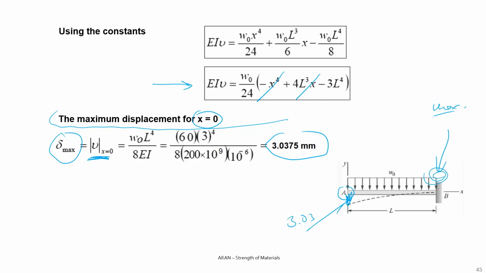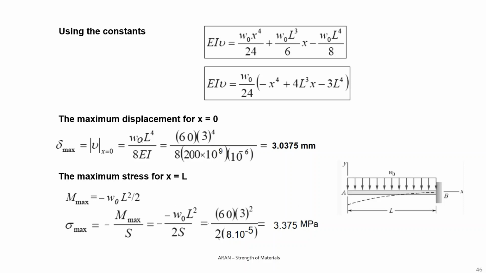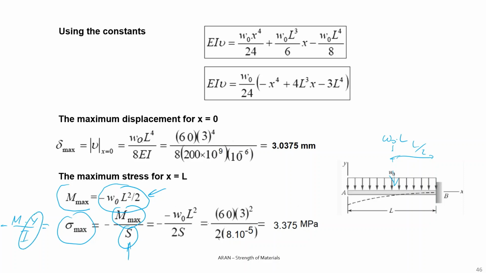Over here, the bending moment m, you can put W0L over here, that is L over 2, and the value of m can be calculated as W0L squared over 2, and the sigma max for bending is m max divided by the section modulus, or you can also write it as minus m y over I, and this value S equals I over y, so it's the same formula.